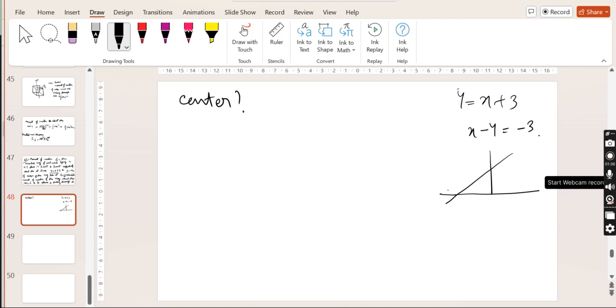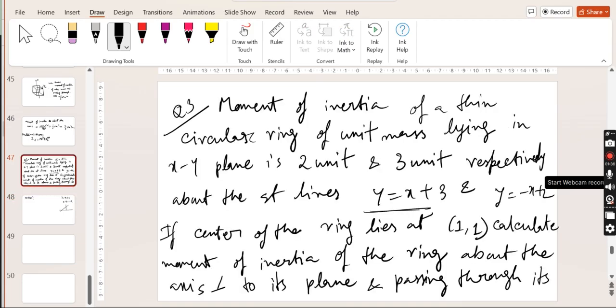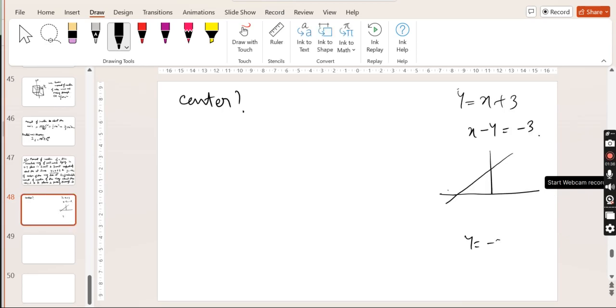So this is the line, and this is y equals minus x plus 2. So that is the line, and the circle is here.